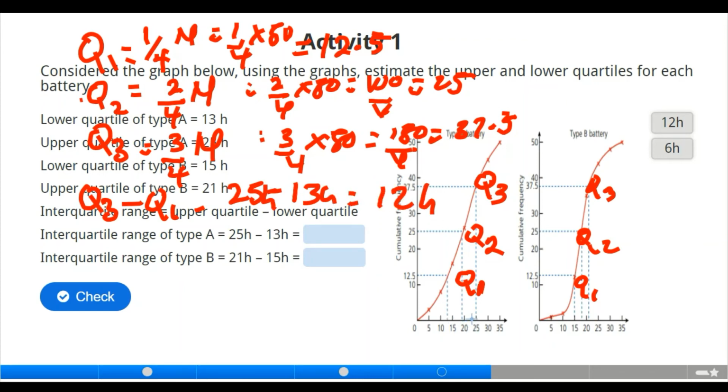Under this, the first one is type A: 25 minus 13. For the next one, type B battery, this is the point here, 15, and we have 21 here. So type B is going to be 21 minus 15, and that is 6.